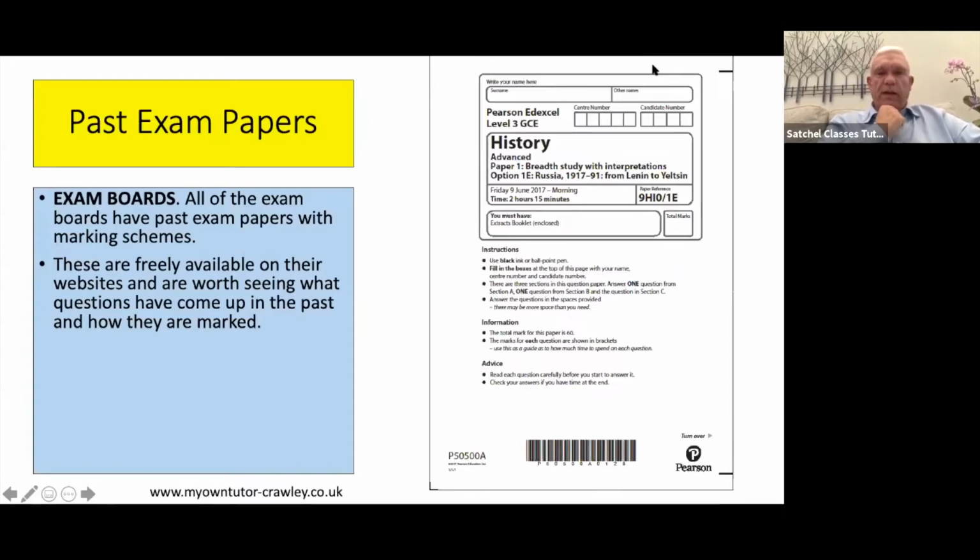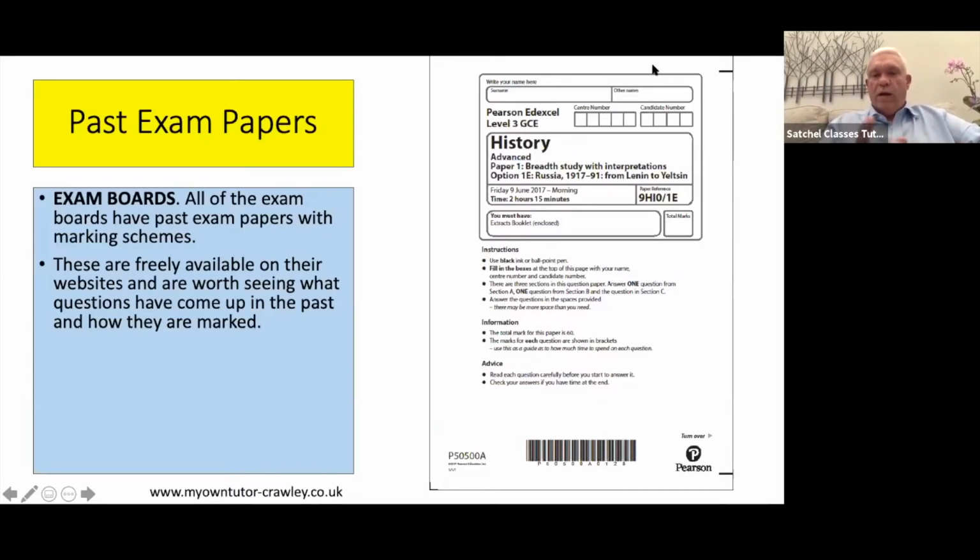The chief examiner for every subject writes a report on the whole paper and how each question was answered. What they comment on is some of the common mistakes that students have made, and also sometimes what makes a good answer. And it's well worth having a look.